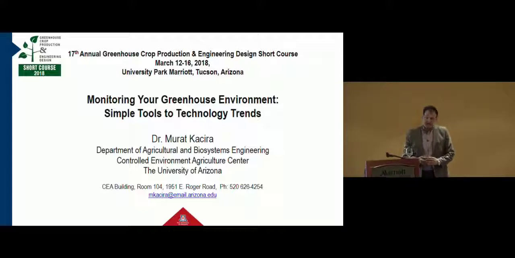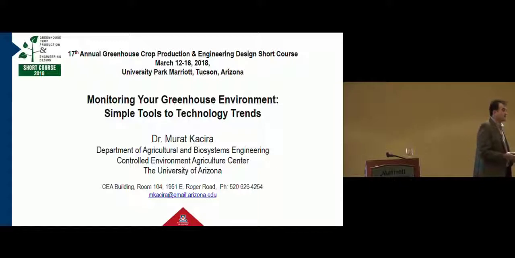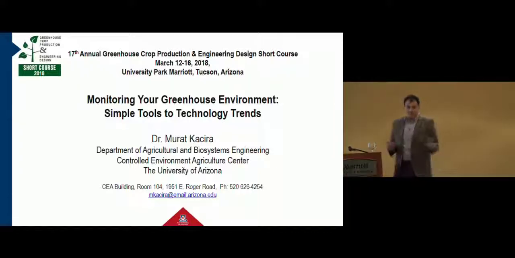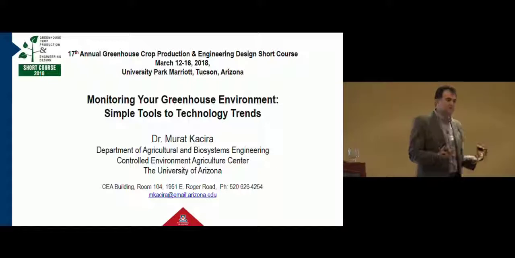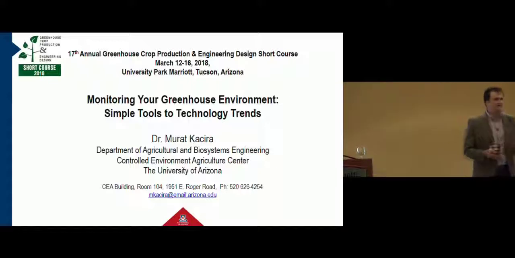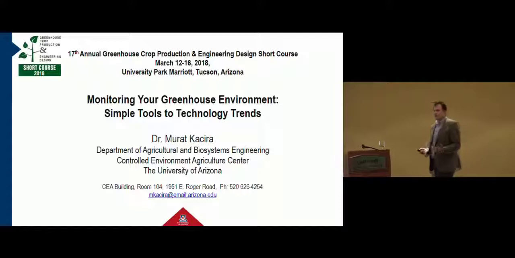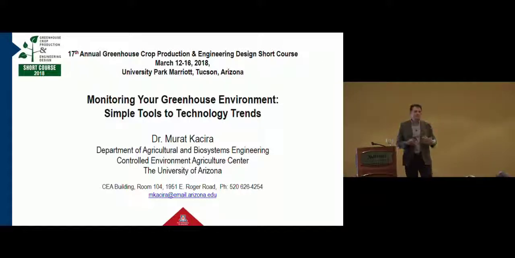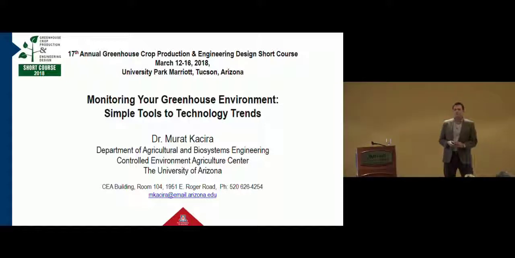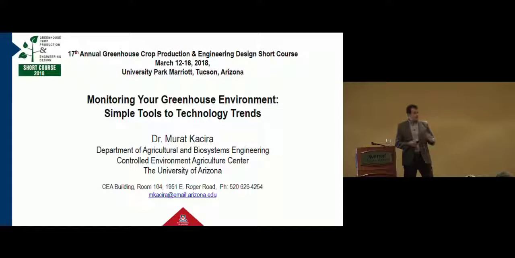So yesterday, the discussions and the presentations focused more on the fundamentals and the needs of the crop. And today, with my talk, I'm going to discuss briefly some of the tools that a grower can use to make the production better or improve the quality and the quantity in the production while saving resources.